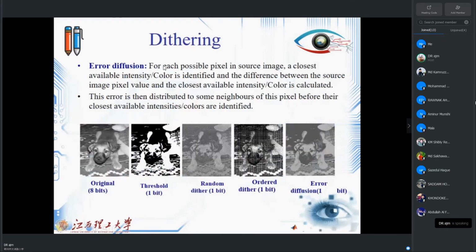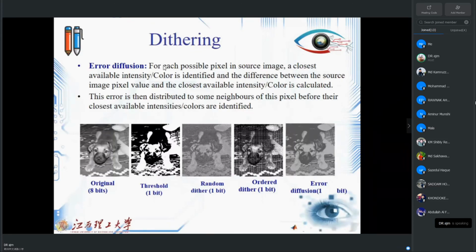Error diffusion is another way. For each pixel in the source image, the closest available intensity or color is identified, and the difference between the source image pixel value and the closest available intensity is calculated. This error is then distributed to some neighbors of this pixel before their closest available colors are identified.